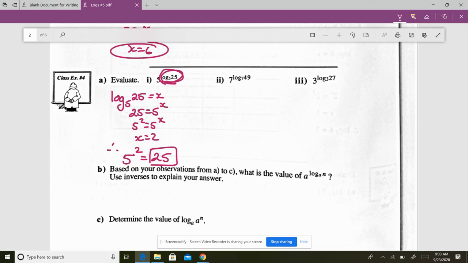We'll do B, or 2, and then maybe hopefully we see a pattern. So we're going to evaluate the exponent, log base 7 of 49. What is that going to equal? Change to exponential.